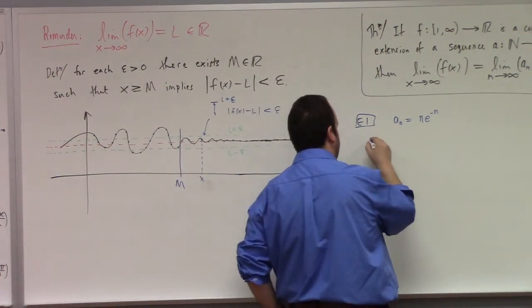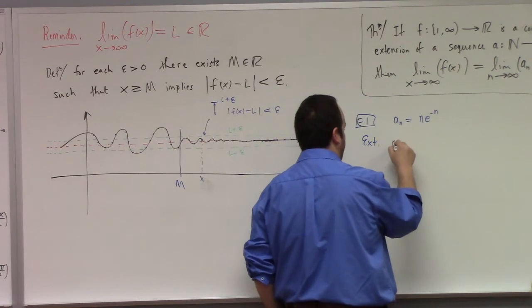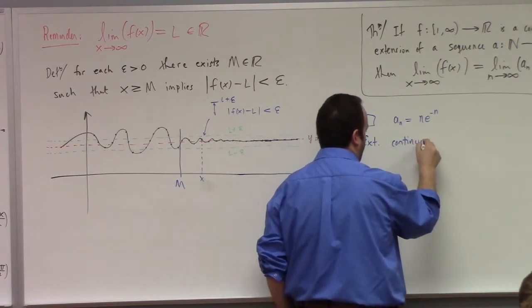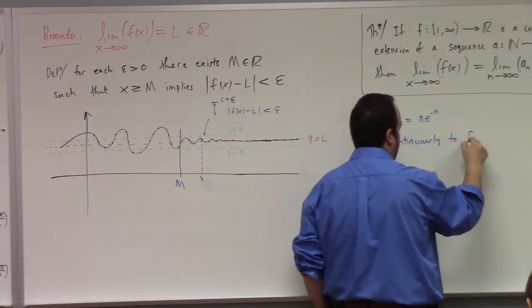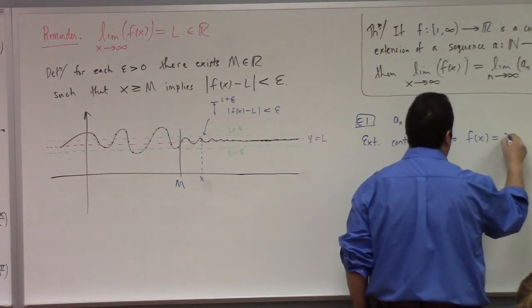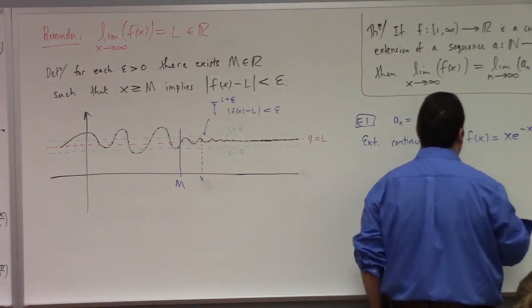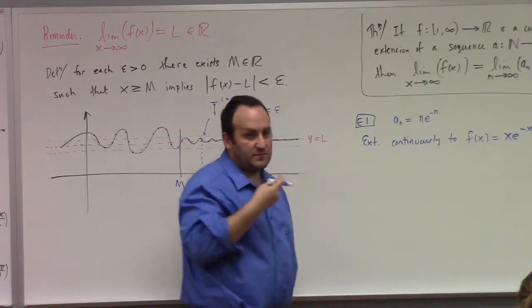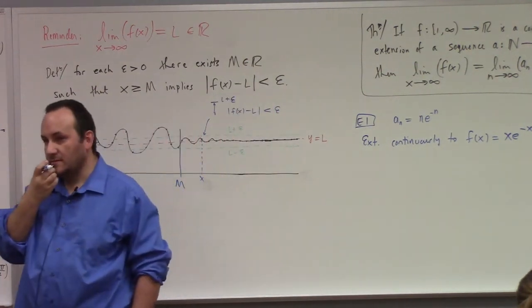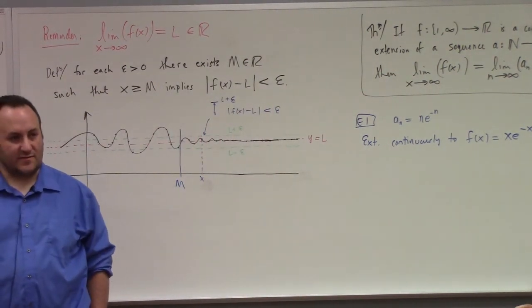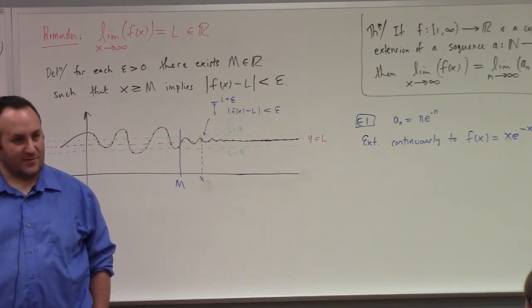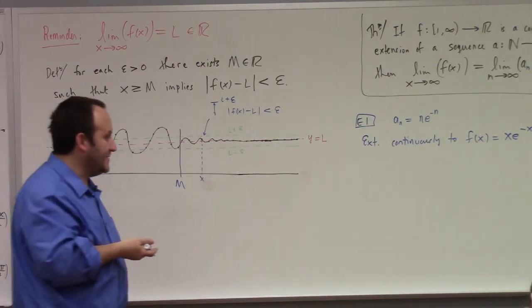So here's the proper argument. I say, okay, so extend continuously to f of x equal to x e to the minus x. Is that a continuous function? Is polynomial times an exponential continuous? Search your heart. You know it to be true. Yes? Okay, good.